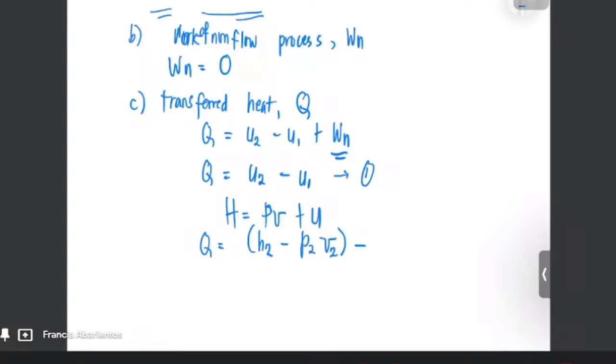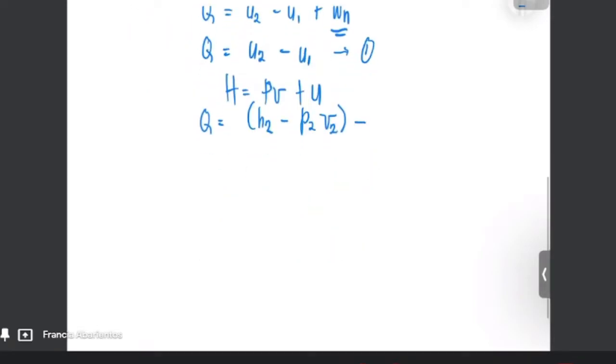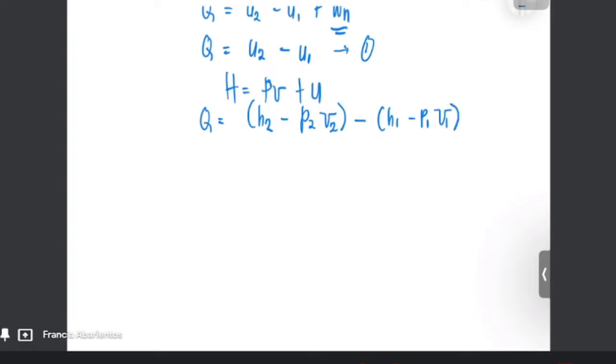Kasi steam table yung gagamitin natin. Okay, class, that is now the enthalpy and also the point 1 minus the pressure at point 1 and the specific volume at point 1.